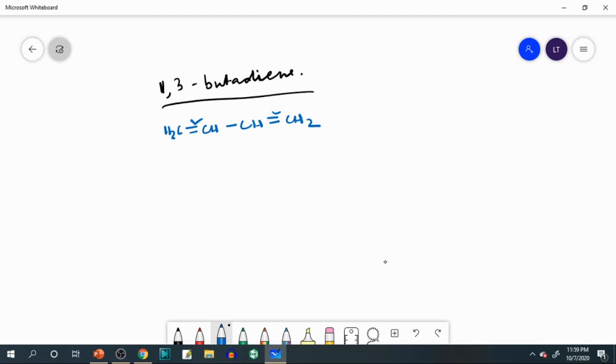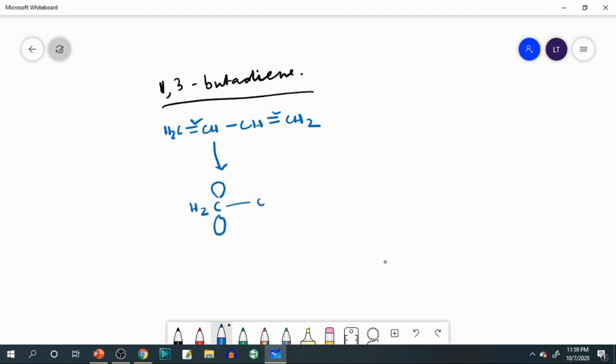So let's try to figure it out. It can also be written in this way: there is a carbon atom and an unhybridized p orbital on the plane of the sp2 carbon atom.